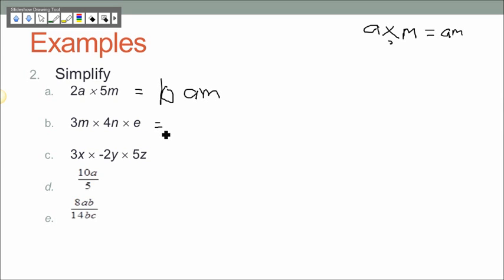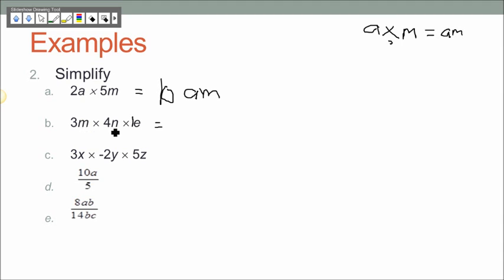Okay, moving on to the next question. Here we've got 3, but we're still multiplying them all together. So first things first, make sure we do the coefficients first. 3 times 4 is 12. And then what's the number that's in front of here? Remember, if there's no number, it just means there's one of them there.